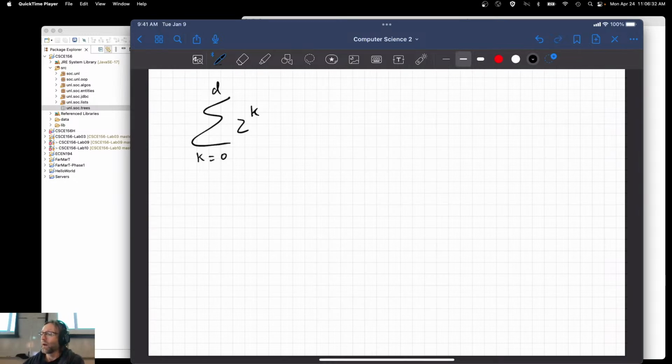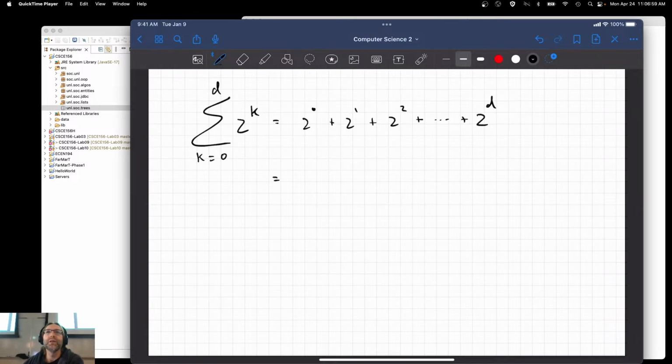Again, when K is 0, it's going to be 2 to the 0, which is 1, plus 2 to the 1st, plus 2 to the 2nd, plus up to 2 to the D. That's my summation, that's my series here. And it's a finite series. What is that? Anybody remember that?